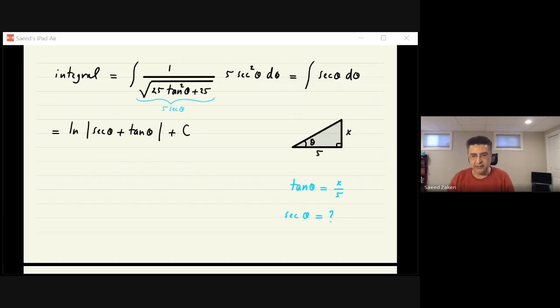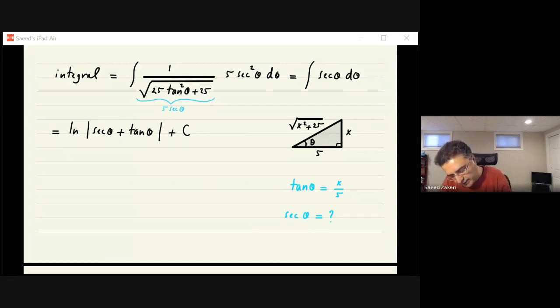Tangent of theta is x over 5. And now secant is 1 over cosine. So secant is hypotenuse over adjacent. So I need to know this length. And in this triangle, it's clear that this length by the Pythagorean theorem is square root of x squared plus 25.